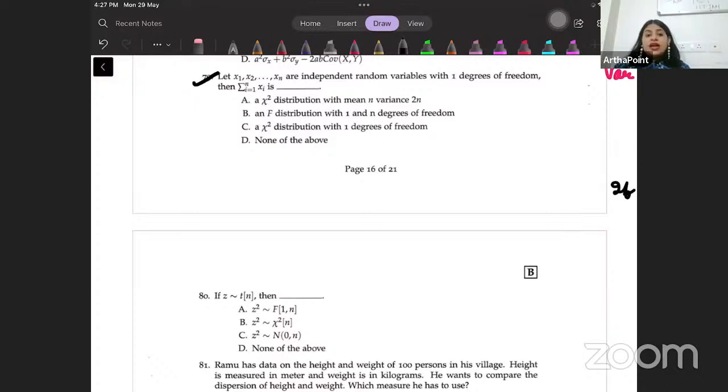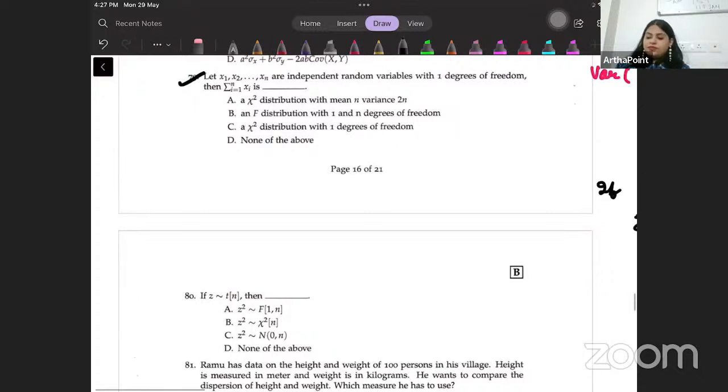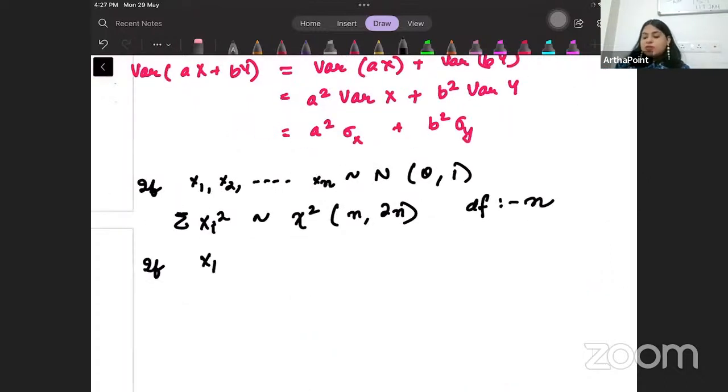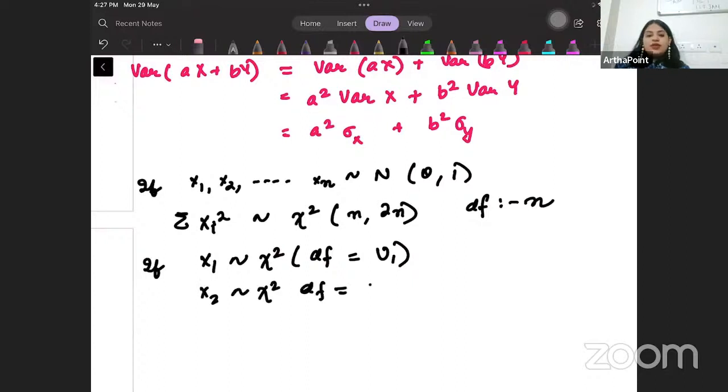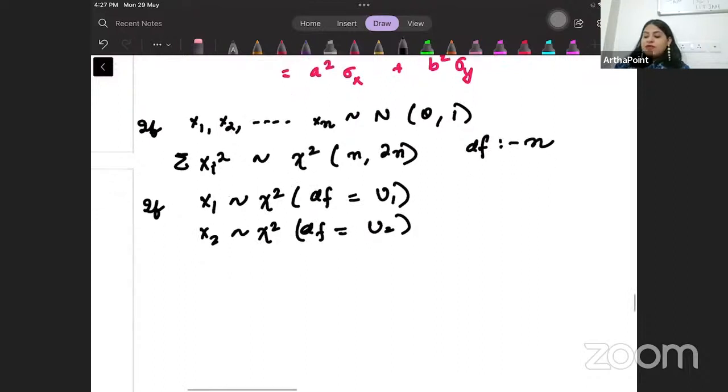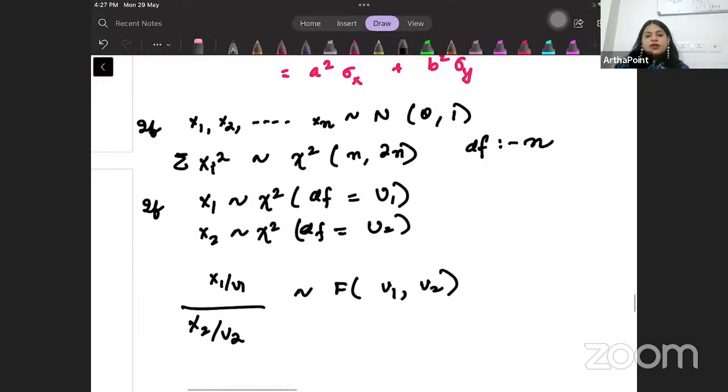And if your x1 is chi-square distributed with degrees of freedom, say v1, your x2 is chi-square distributed with degrees of freedom, say v2, right? Then beta, x1 by v1 upon x2 by v2 will be distributed F with degrees of freedom v1 and v2, right?